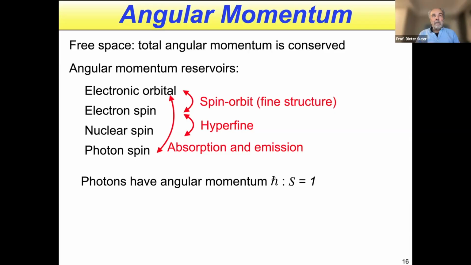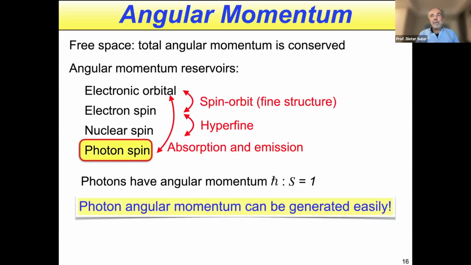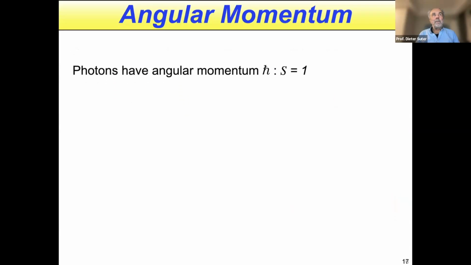And photons are particularly interesting because it's fairly easy to create spin polarized photons. You can have them in arbitrary amounts essentially, and they're cheap and you can manipulate them very precisely. So this is probably the ideal source if you want to polarize your spins.